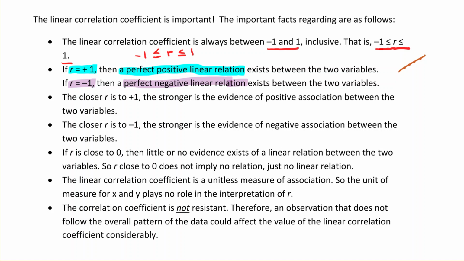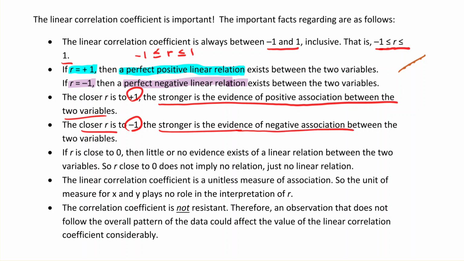A lot of the time it will be a decimal between -1 and 1. The closer R is to +1, the stronger the evidence for a positive association between the two variables. So if you get 0.9, 0.999, or even 0.7, 0.8, that means we have a scatter plot that can be described by a straight line in the positive direction. Close to -1 means stronger evidence of a negative association between the two variables.